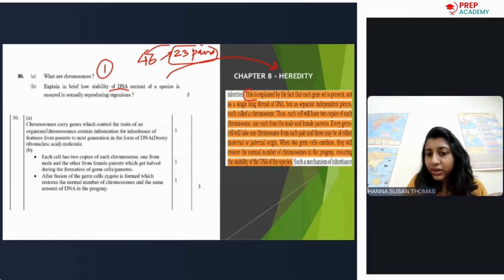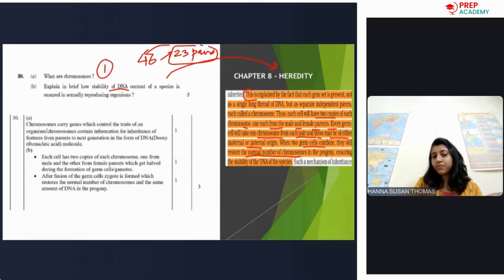Okay, so you can see here, each cell will have two copies of each chromosome, one each from the male and female parents. Every germ cell will take one chromosome from each pair, and these may be of either maternal or paternal origin. When two germ cells combine, they will restore the normal number of chromosomes.